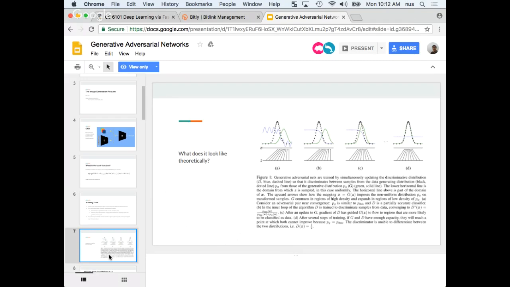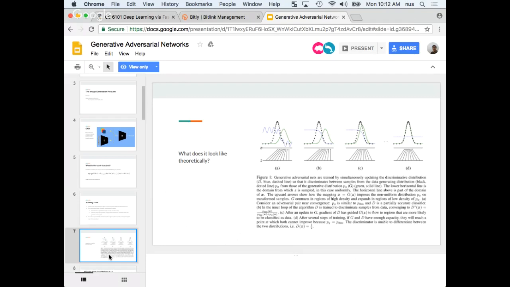So theoretically, you can look at it in this way. The black dotted graph represents the real distribution of the data. The green graph represents what your generated distribution looks like.